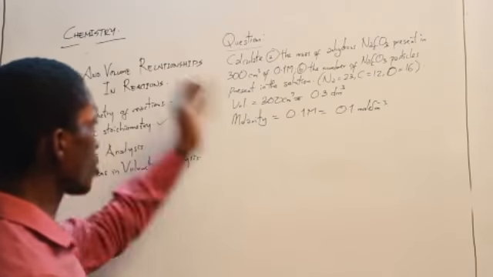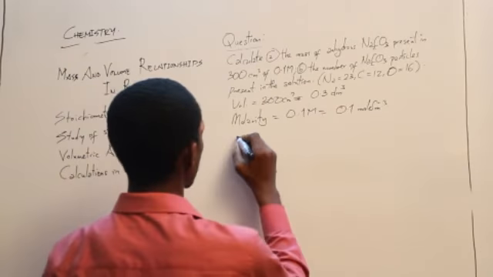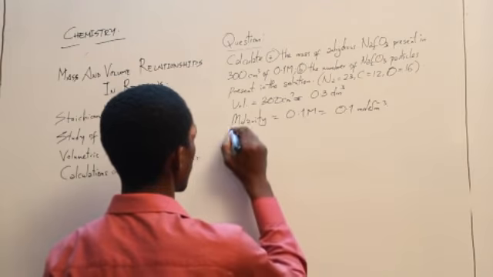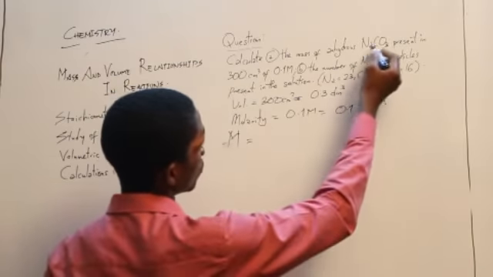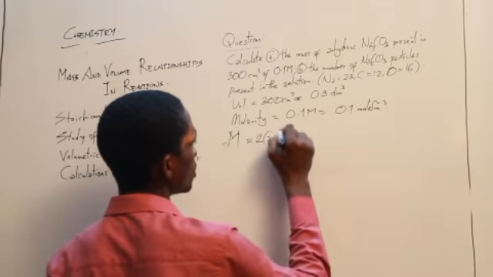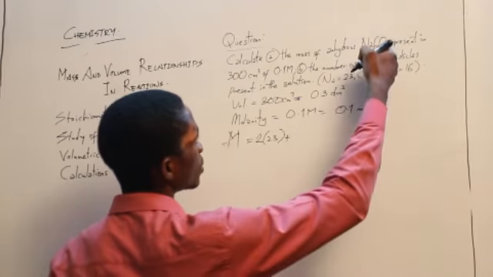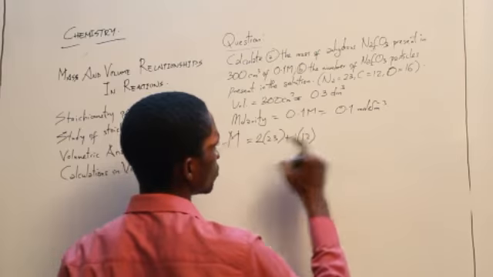So next thing we can do is to calculate the molecular mass of the substance. So the molecular mass, capital M, equals, if we look at the structure, we have 2 sodium, so we have 2 multiplied by 23. We have 1 carbon, so we have 1 multiplied by 12.